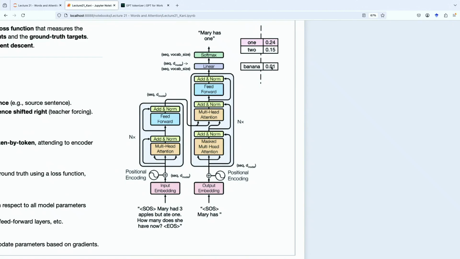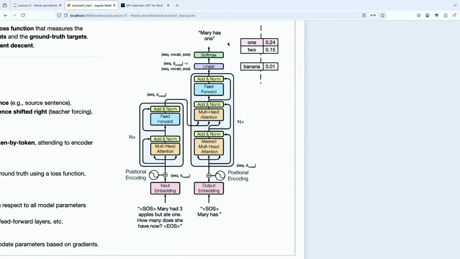For some of the words, there's going to be almost no probability, like banana. Mary has banana doesn't make a lot of sense, so we're going to say 0.01, a low probability. But for some of the numbers, there's going to be a higher probability, right? So we could just choose that number and add it to our sequence. We go from start of sentence Mary has to Mary has 1, and that will be our new sequence.